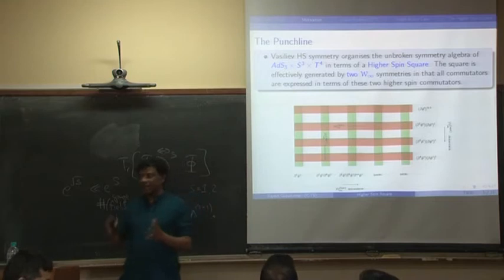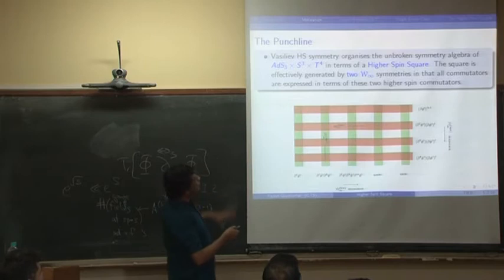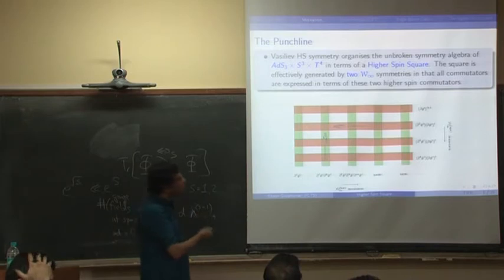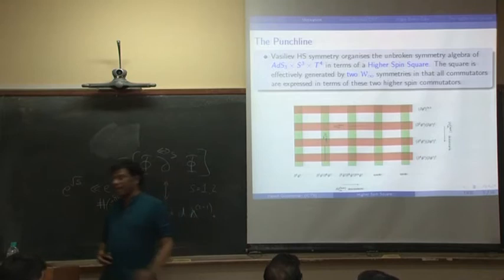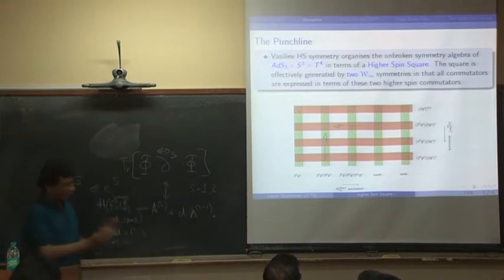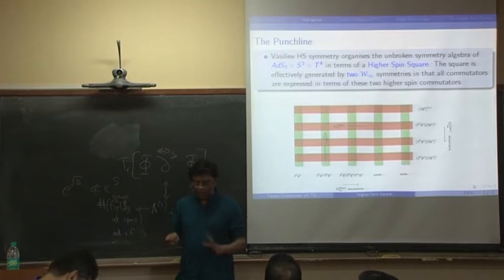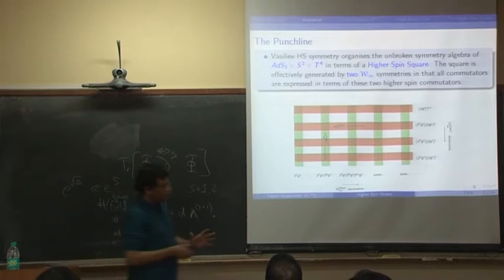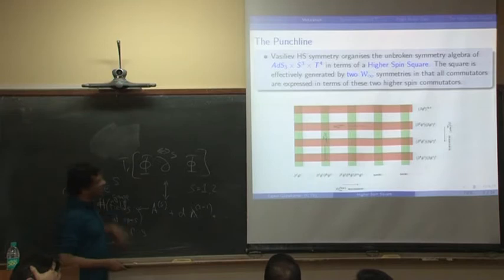But there is also the matter sector, and I'll have a couple of transparencies on this at the end. They will also be in some very canonical representations of this larger square. So everything can be organized in terms of the symmetry algebra and some of its small representations, in a way which is very analogous to the examples of vector holography for higher spin theories. For those who are more familiar with that, I'll say something at the end.